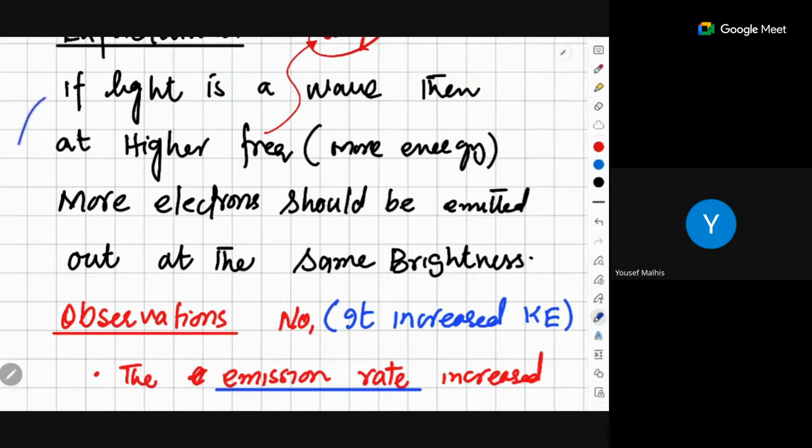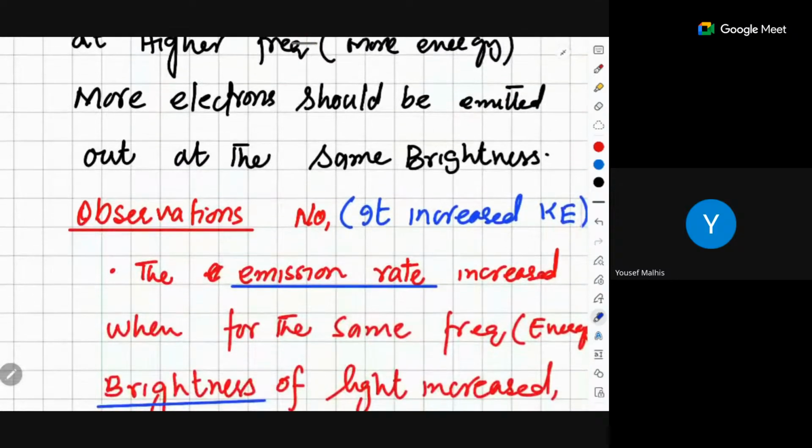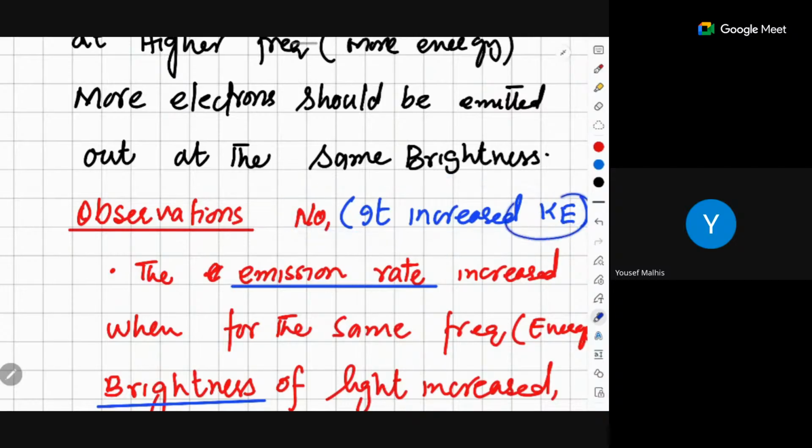This is basically the answer to the first expectation. The first expectation was that light is a wave, so at higher frequency more electrons should be liberated. No, more electrons were not liberated when you increased the frequency. What was happening? The kinetic energy was increasing only, right?